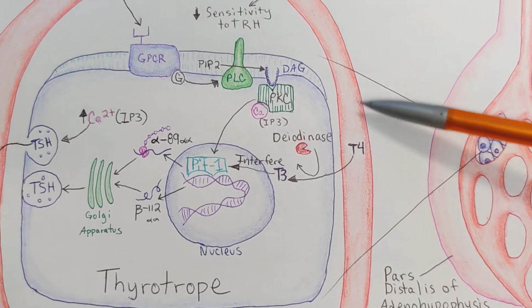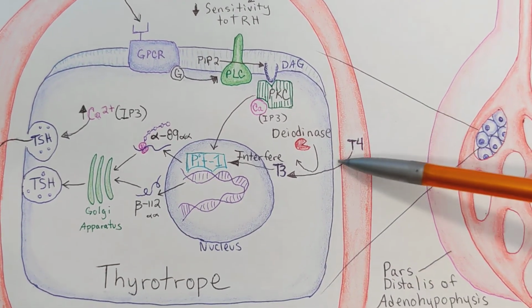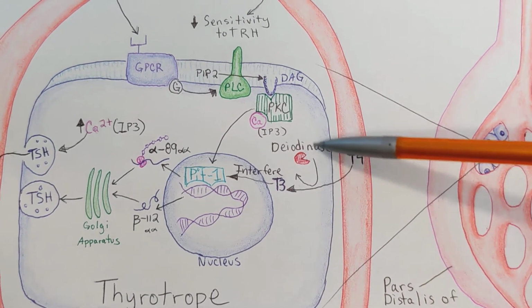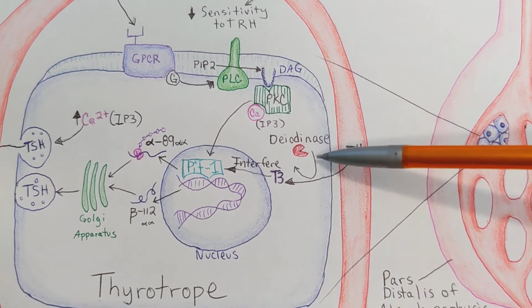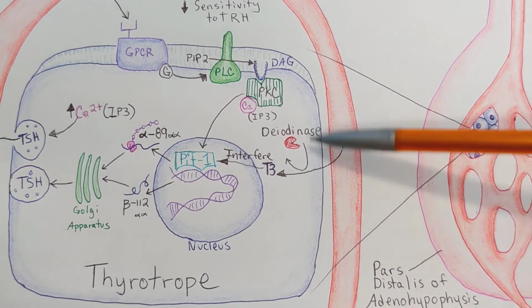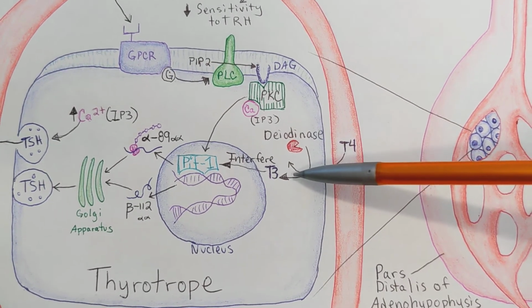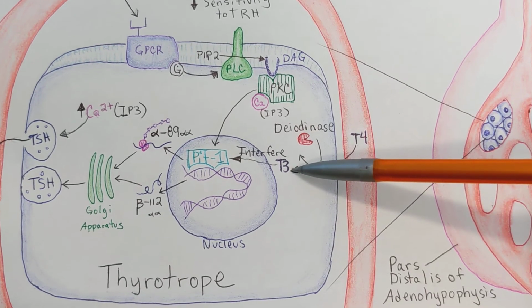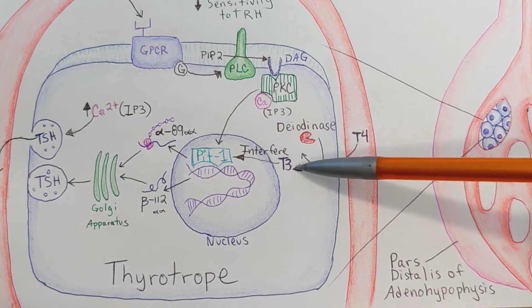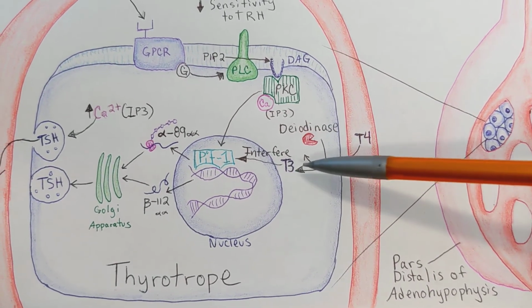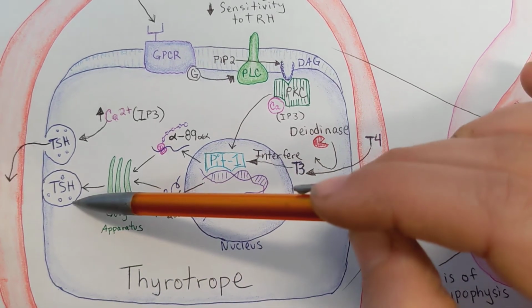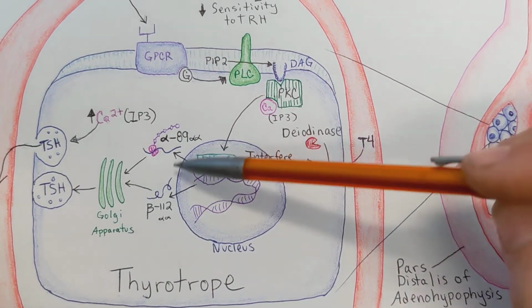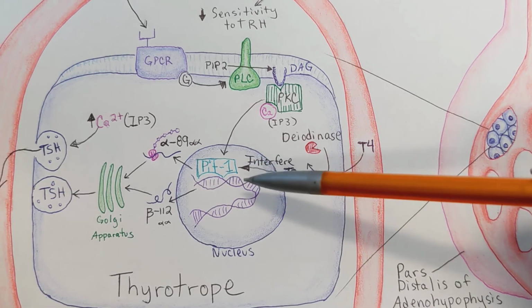Also, as we know, thyroid hormones can slip right through the membrane. Deiodinases within the thyrotropes or thyrotrophs can convert or activate T4 into T3, and this T3 works to exert a negative inhibition on the release of TSH by interfering with this transcription factor.